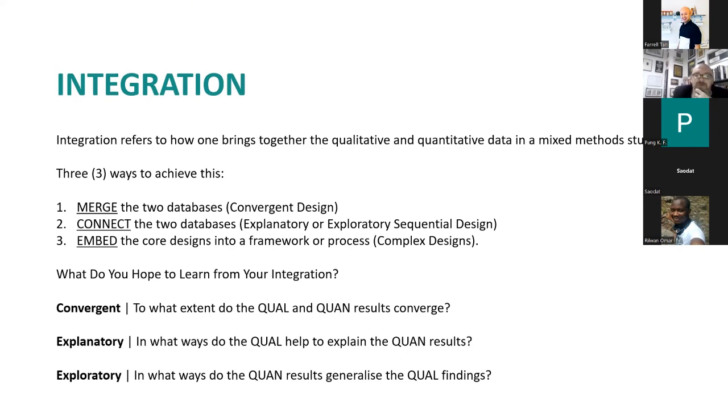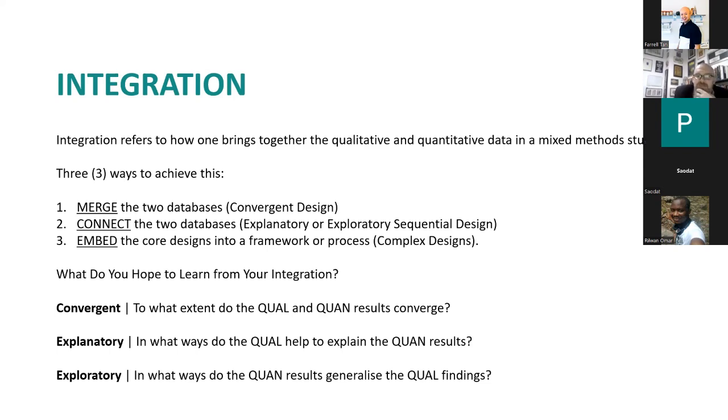If we're looking at a convergent style design, to what extent do the qualitative and quantitative results converge, i.e. come together? Where are the overlaps? Where are the outliers? Where are the differentiations? Where are the supports versus the contradictions that come with this?